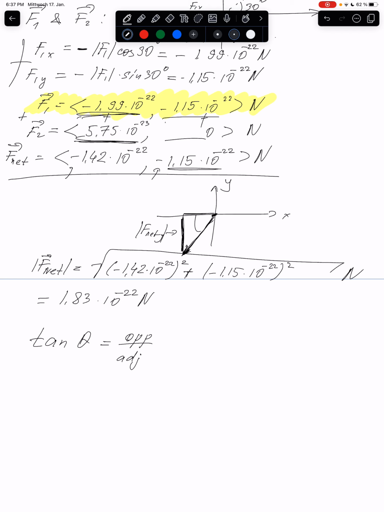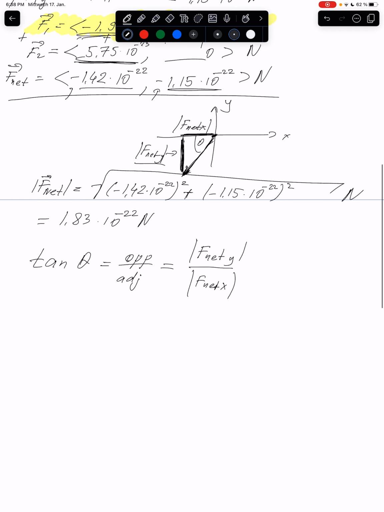And likewise this length is the same as this number without the negative sign. The tangent of this angle theta will be given by this length divided by that length. So the tangent of theta is given by the absolute value of F net y divided by the absolute value of F net x.